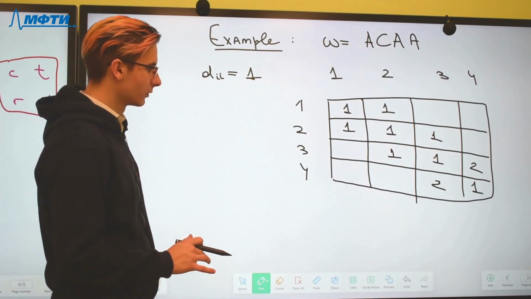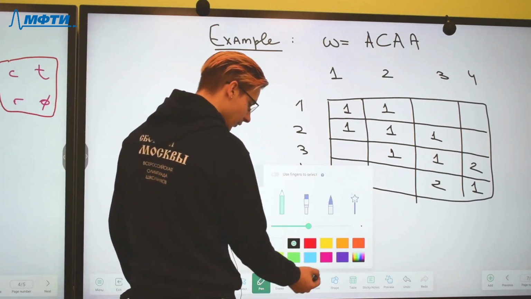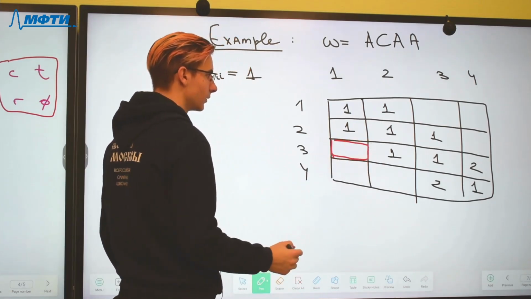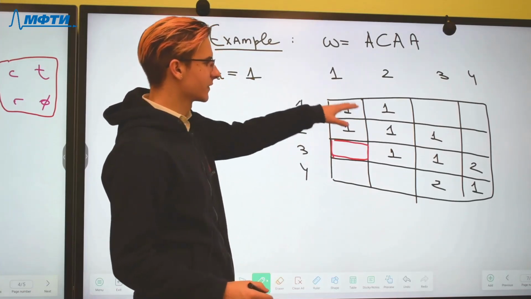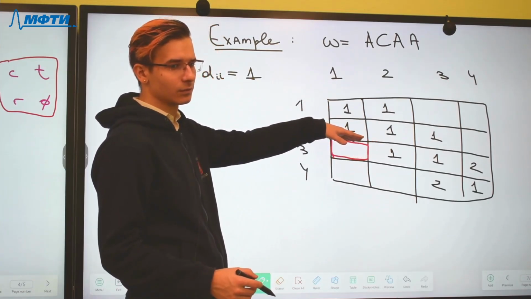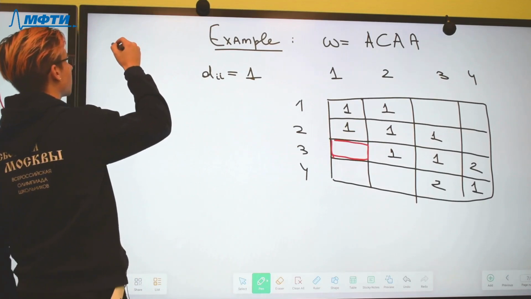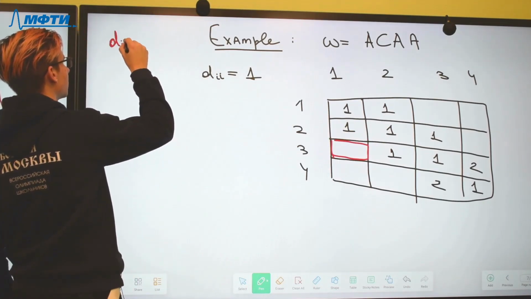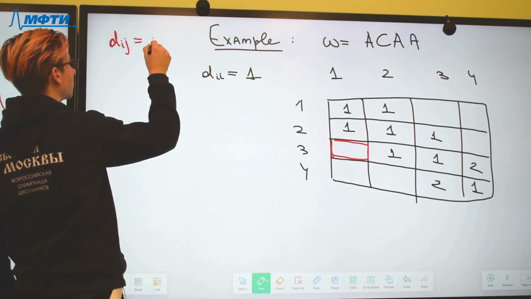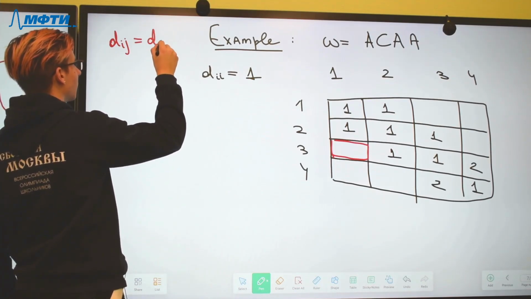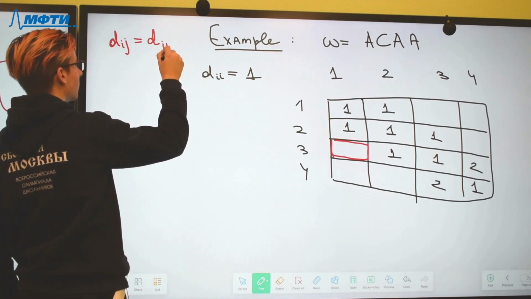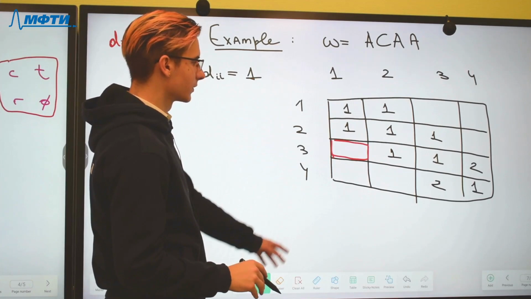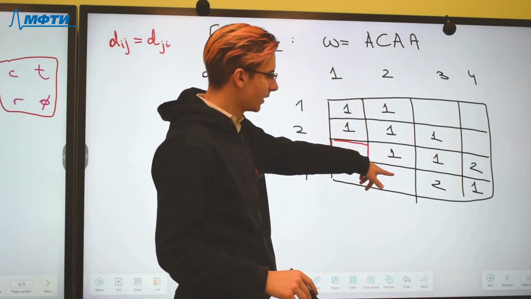Because then, to find, for example, and of course, it is a symmetric matrix. I mean that if I try to find DE, it is equal to... so it's not important to find these elements or these elements.